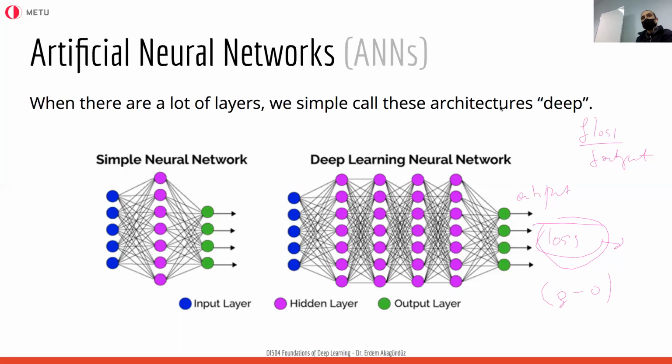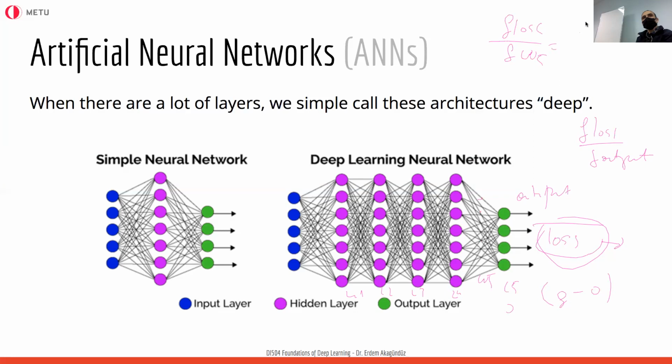But I need to find the partial derivative of the loss with respect to the parameters of layer 5. This is layer 1, layer 2, layer 3, layer 4, layer 5, the output layer. So these are the parameters here, weight 5, because I'm going to be using it in the gradient descent.